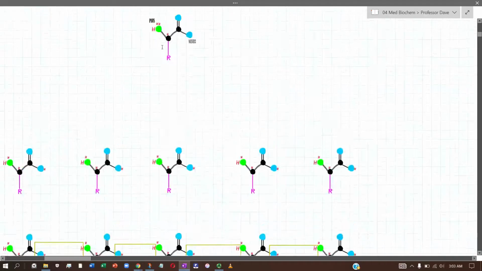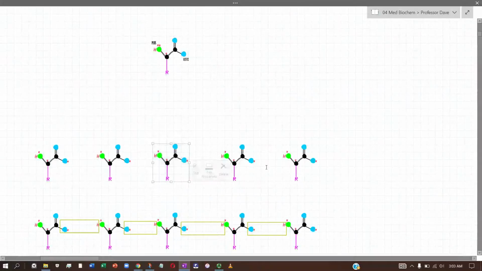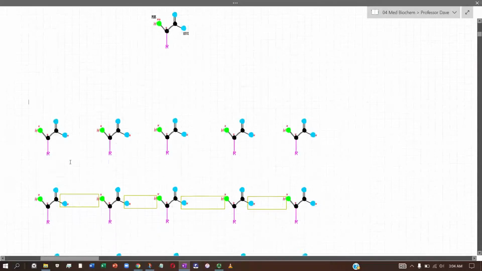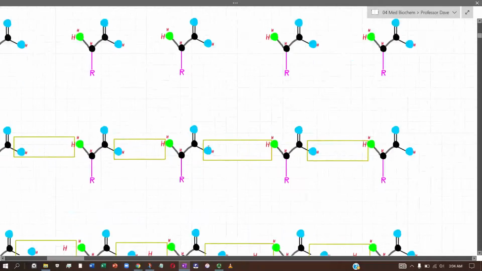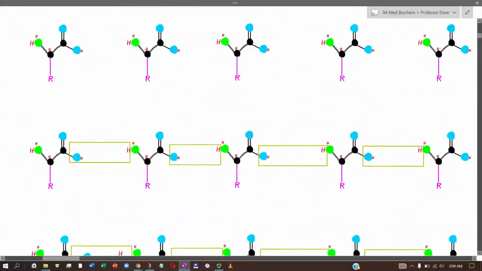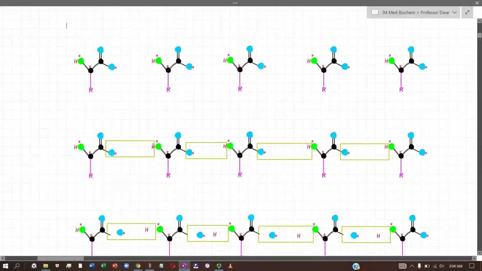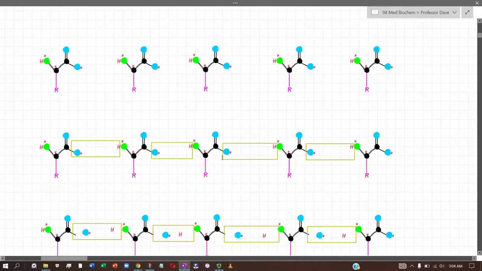So this same amino acid is copied here 5 times in order to exemplify and show how the polymerization is going to take place.